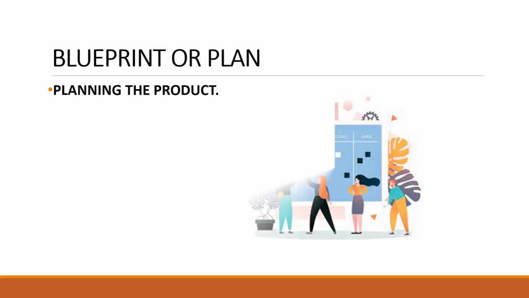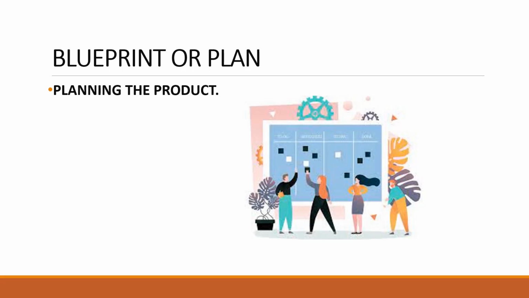Now coming to the blueprint or the plan of a product. Planning makes sense because without planning you cannot produce a good quality garment. You have to go through your manpower, the capacity of the machines, the capability of manufacturing such items, what different issues we can tackle while producing such products, the capability of the people inside, and what training aspects are covered.